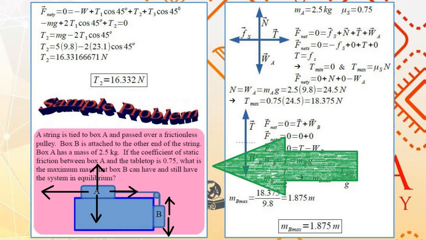Object A is being pulled by the string, therefore it is experiencing the tension due to the string. And since A is being pulled to the right, it will be sliding, or it's potentially going to slide to the right on the table surface.